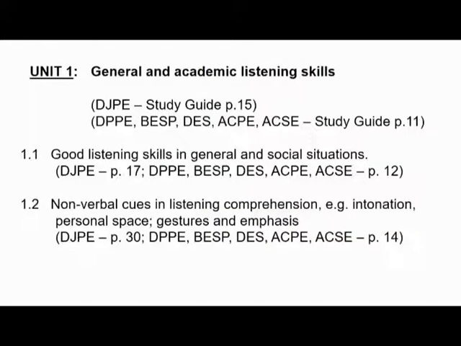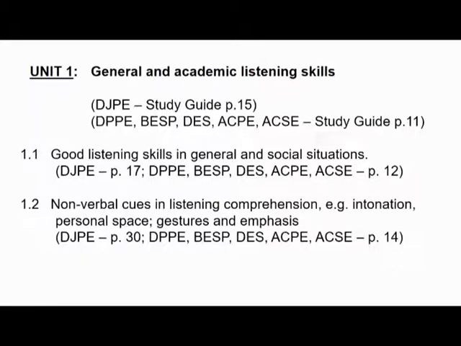Well, in Unit 1, it is the general and academic listening skills. Listening, oral, ears, those things go together. In the DJPE study guide, it starts on page 15, and in the other study courses, it starts in their study guides on page 11.